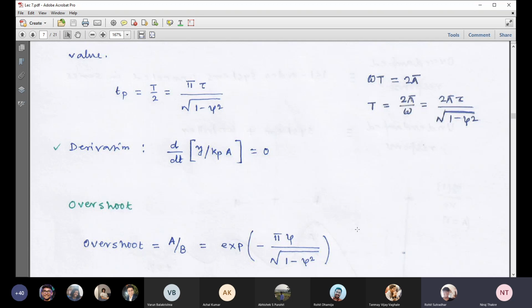After substituting omega, sine pi is equal to root over 1 minus zeta square, so that will cancel out. So peak minus b, I'll get e to the power minus zeta into pi by root over 1 minus zeta square. Correct.